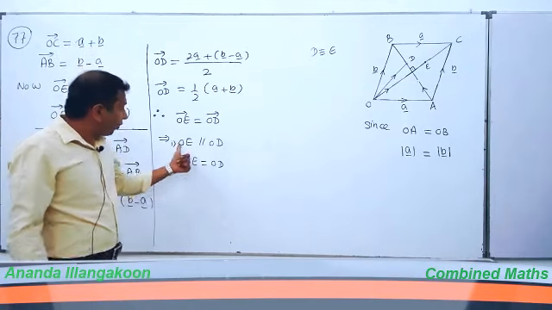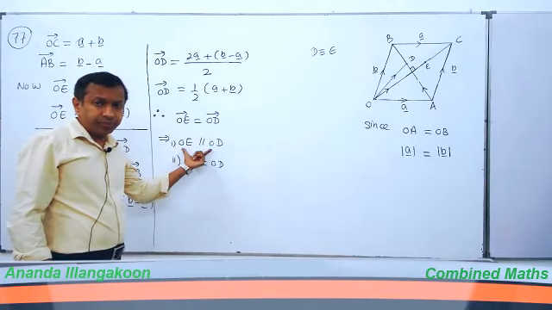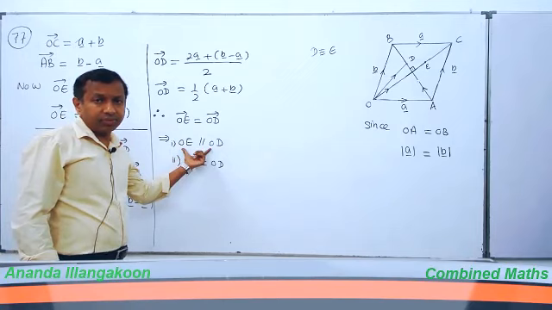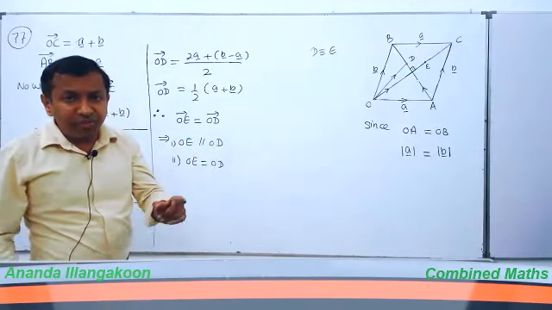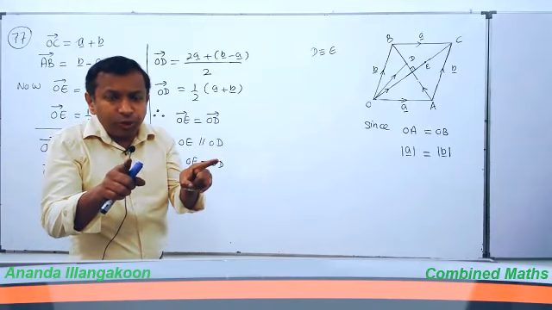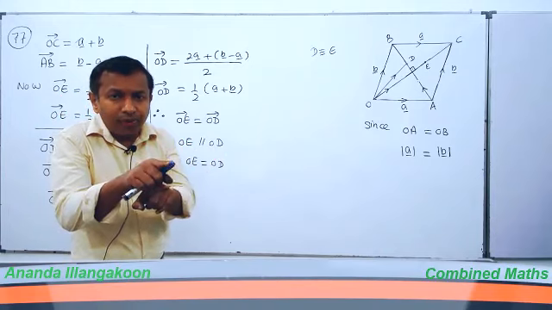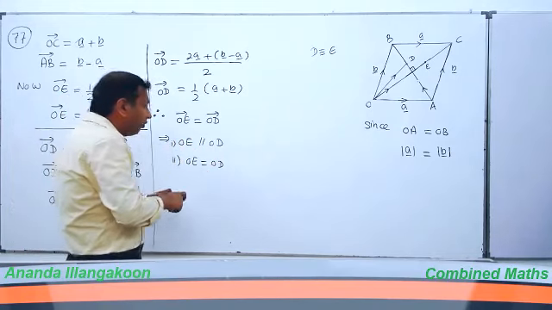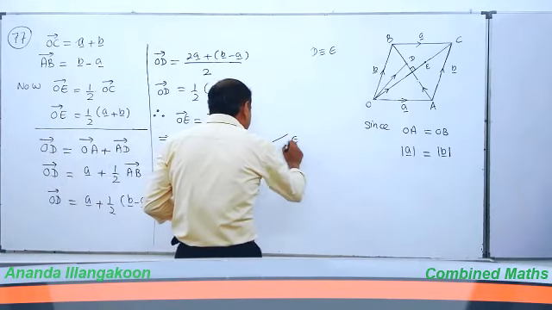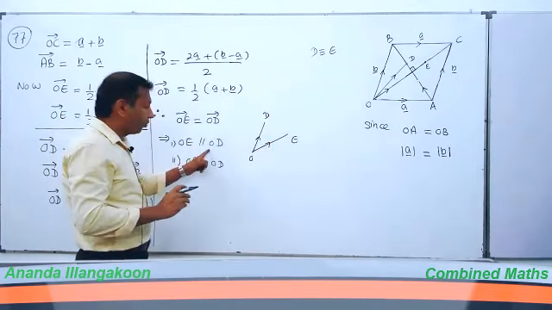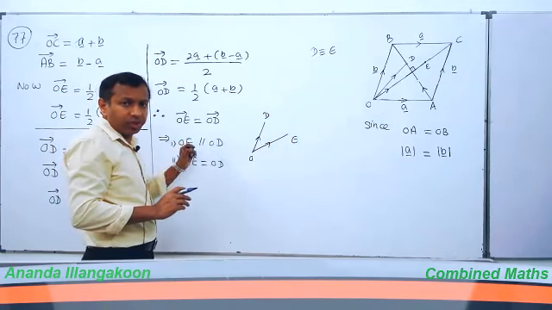People, both the line segments OD and OE start from the same point O. When two line segments start from a point and go out, and if they are parallel, they can't be two separate line segments, they should overlap. The two line segments should be on the same line, right? These two must be parallel according to the equality of the two vectors.